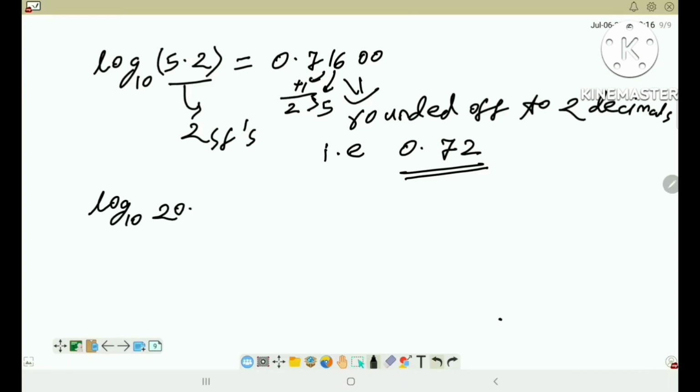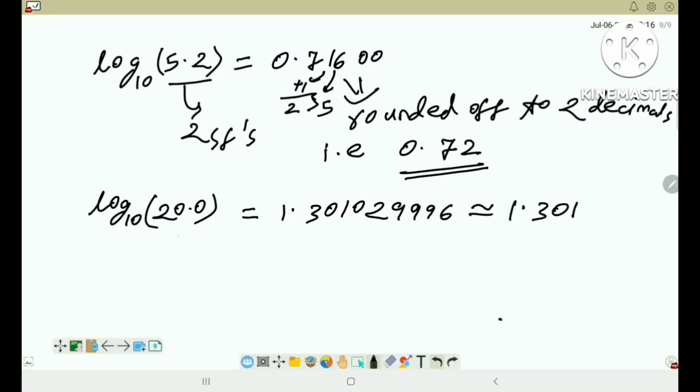Similarly, log 20.0 base 10, the final answer is 1.301, after rounding, because 20.0 has three significant figures, so the final answer should have three decimal places.